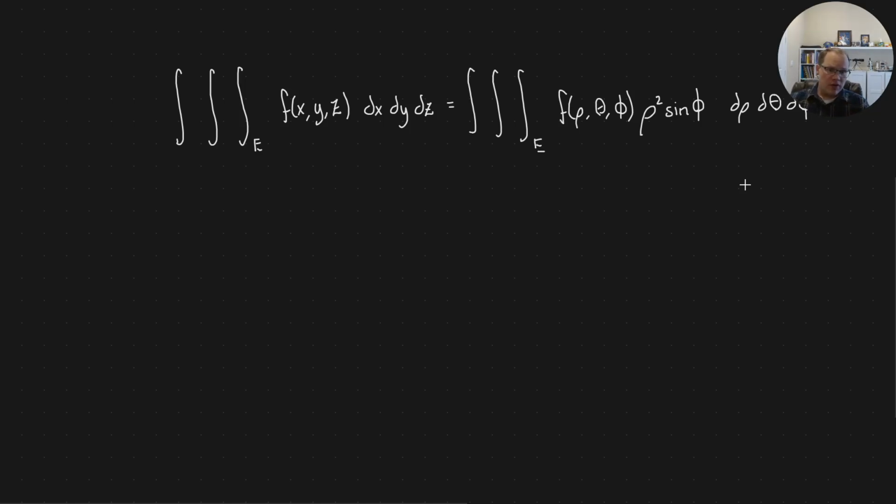Obviously, spherical variables, like all the other coordinate systems we've learned about, are not going to be useful in every situation. But in the right situation, situations that have a geometry that is inherently spherical, it will greatly make our lives easier to convert to spherical variables. Okay?